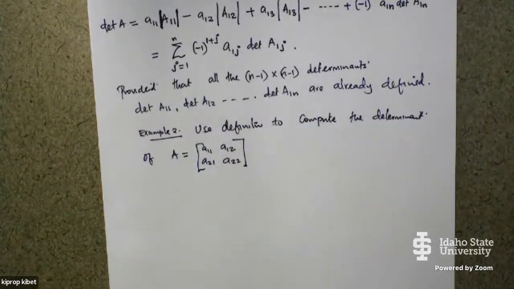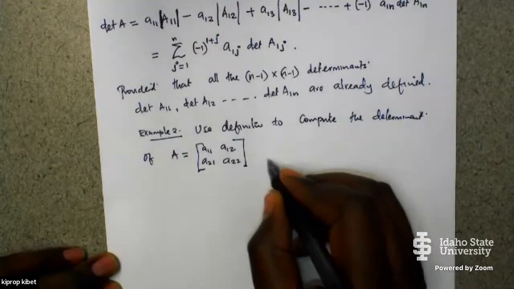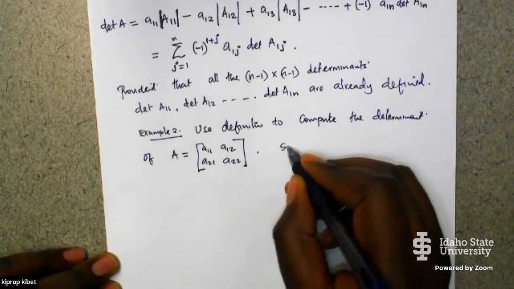So let's use the definition. First we get the sub matrices. What are the sub matrices of this? So the solution.